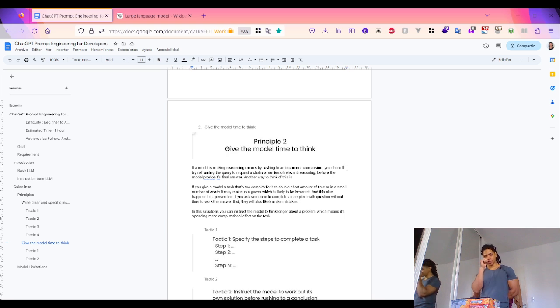In this situation, you can instruct the model to think longer about the problem.